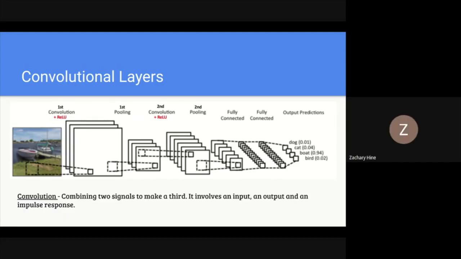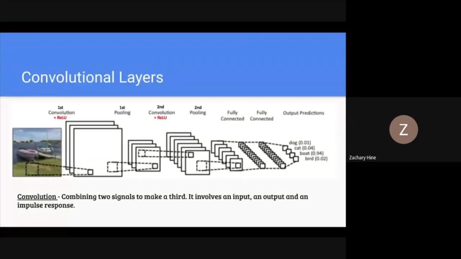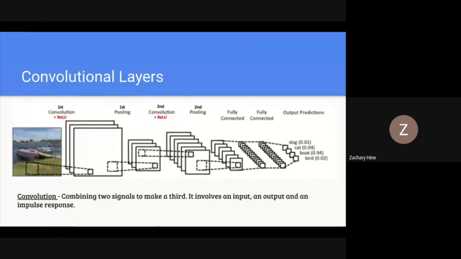Yeah, and if I could add on to what Michael is saying, essentially the fully connected layer is what you would see in a traditional neural network. So it would be your input layer in a traditional neural network. In order to get to that fully connected layer, you start with your input image, and in your first convolution in this example, you're applying 3 different filters. That's why you see in the first white image 3 different layers.